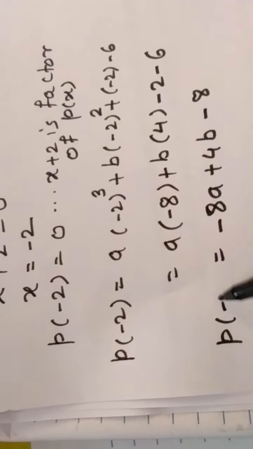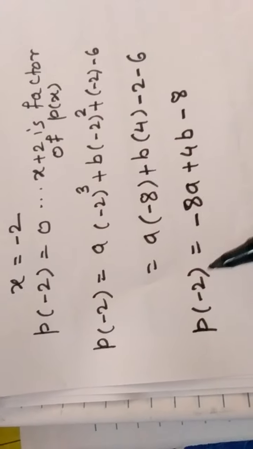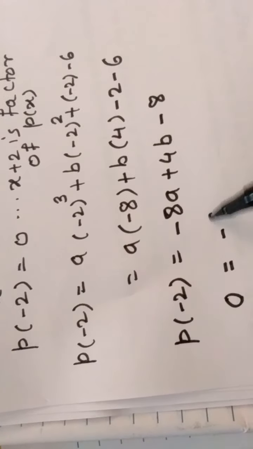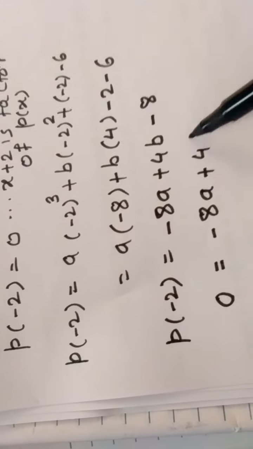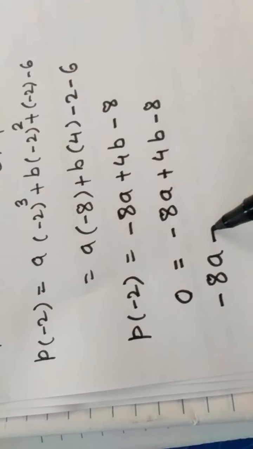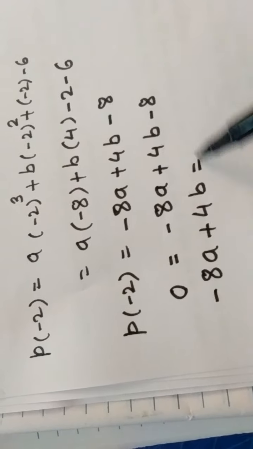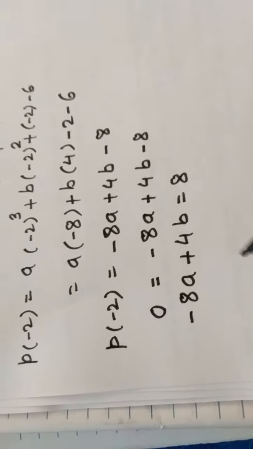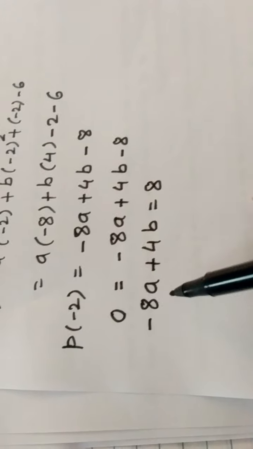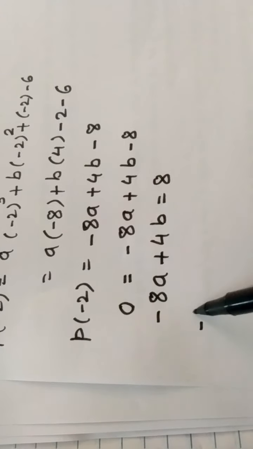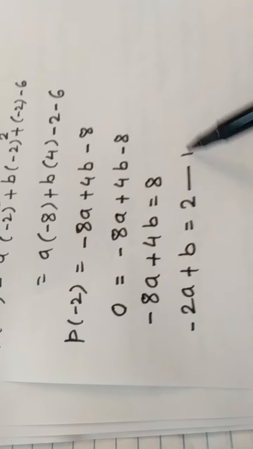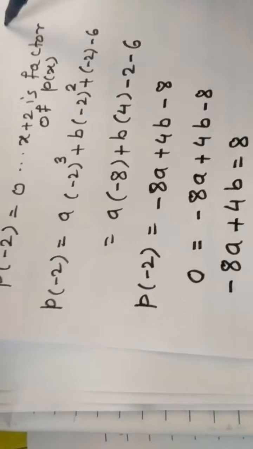As it is a factor, we have p(minus 2) is equal to 0, so minus 8a plus 4b minus 8 is 0. That is minus 8a plus 4b is equal to 8. We can divide this by 4. That is minus 2a plus b is equal to 2. Call this equation number 1.